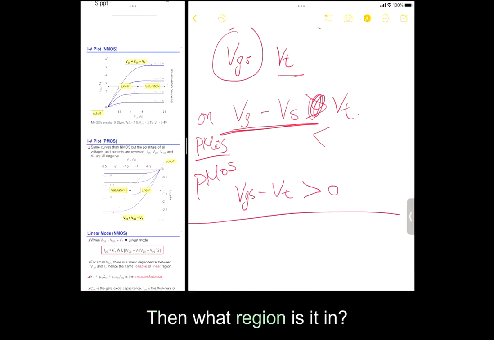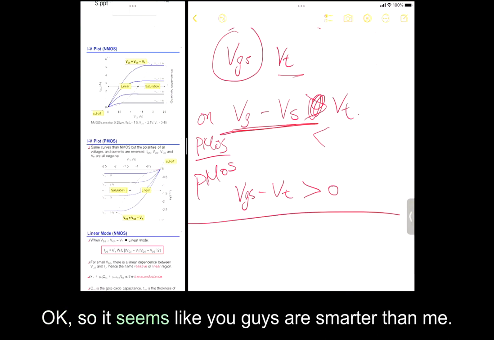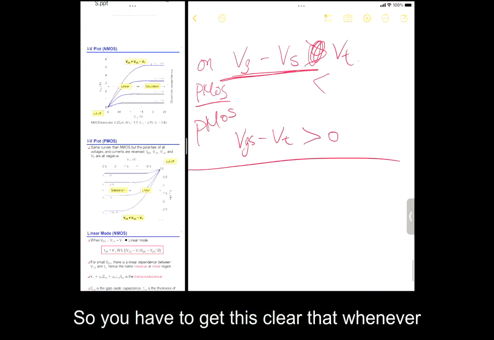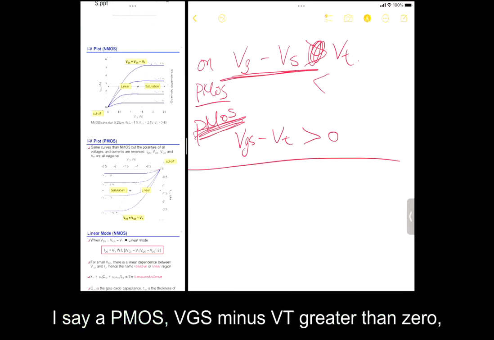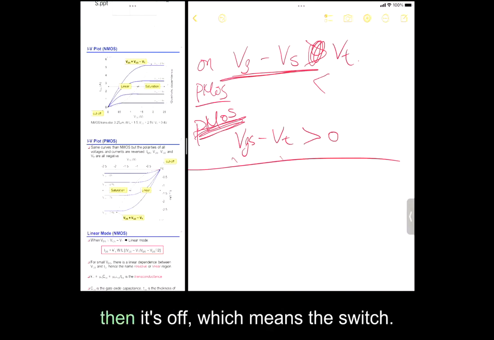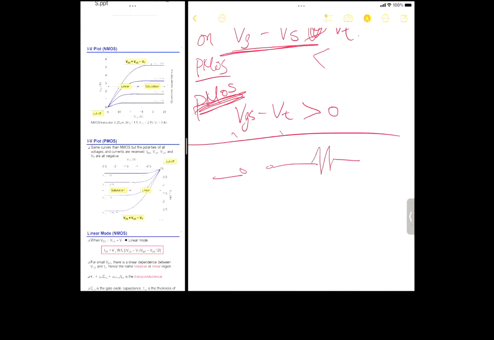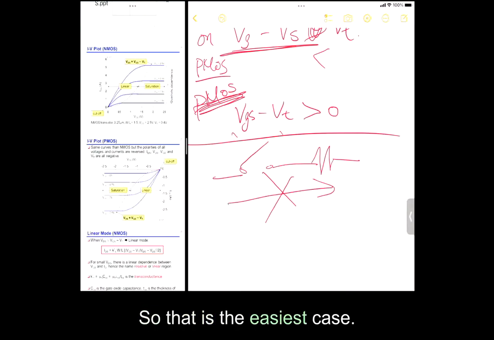Then what region is it in? Is it on or off? Yep, it's off. Okay, so seems like you guys are smarter than me. That's good. So you have to get this clear: whenever I say a PMOS with VGS minus VT greater than 0, then it's off. Which means the switch, is it an open switch or closed switch? Open switch. No current flows through. Okay, so that is the easiest case.